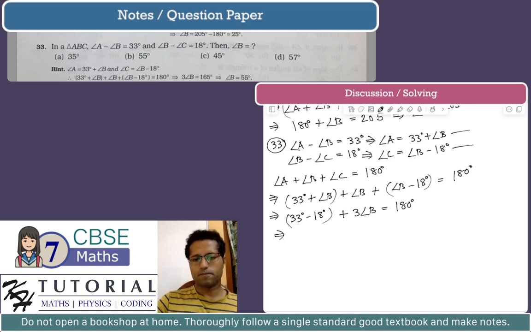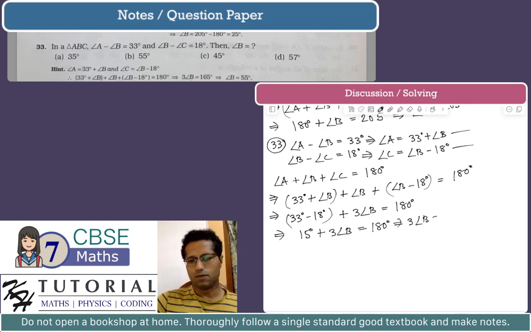This implies 33 degree minus 18 degrees, how much? 15 degree. 15 degree plus thrice of angle B is equal to 180 degree. This implies thrice of angle B is equal to 180 degree minus 15 degree, which is equal to 165 degree.